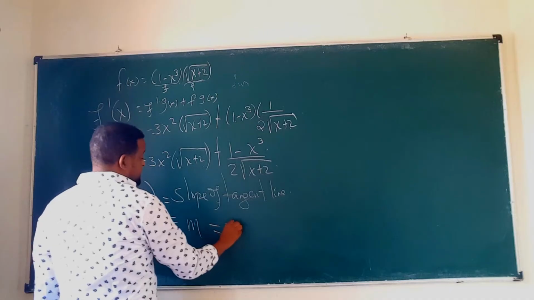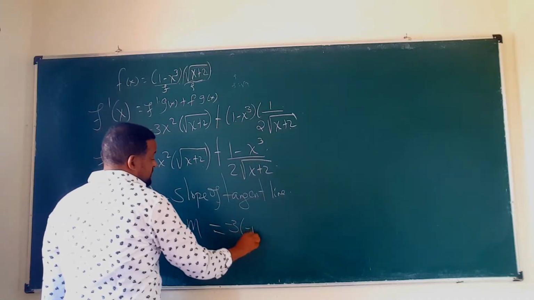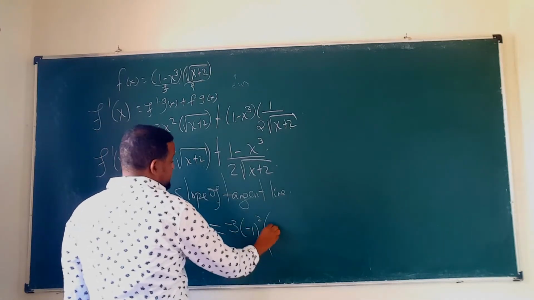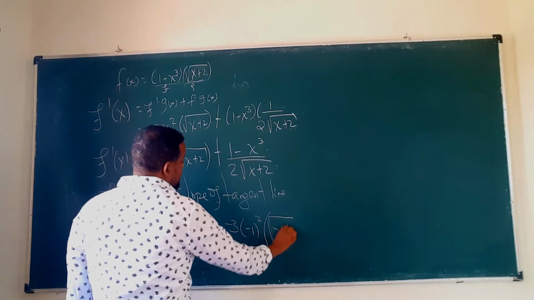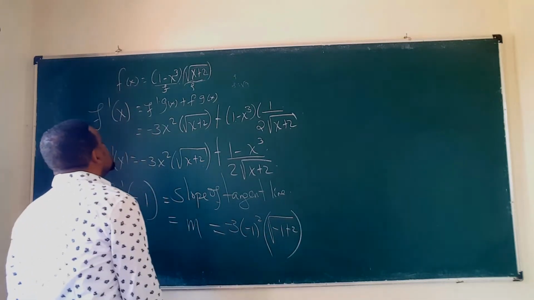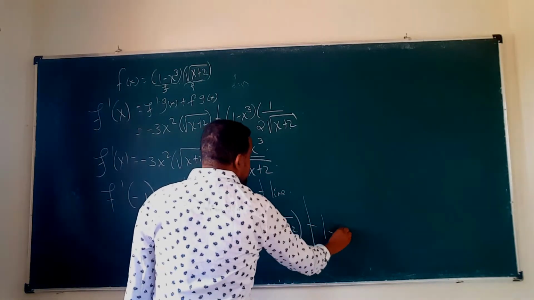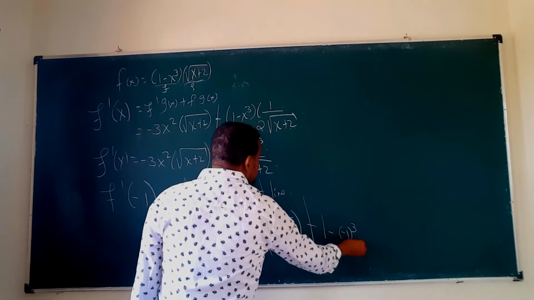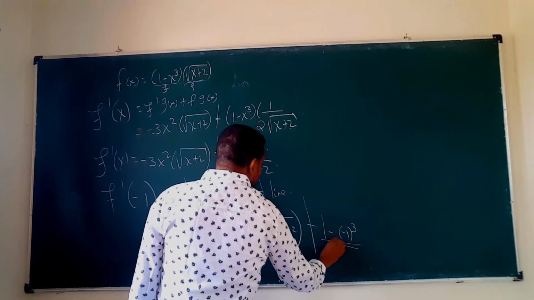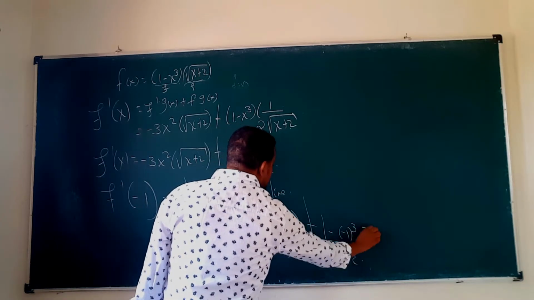So negative 3 times negative 1, the whole squared, times radical of negative 1 plus 2, okay good, plus 1 minus negative 1, the whole cubed, over 2 times radical of negative 1 plus 2. That will be the slope.